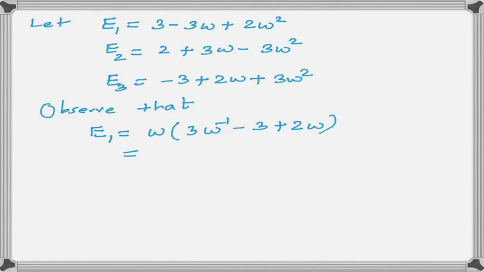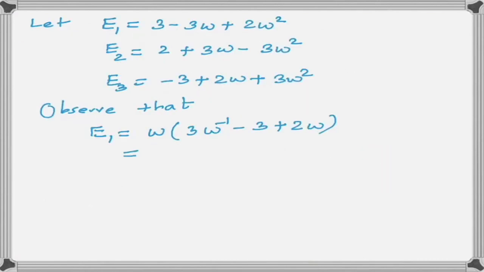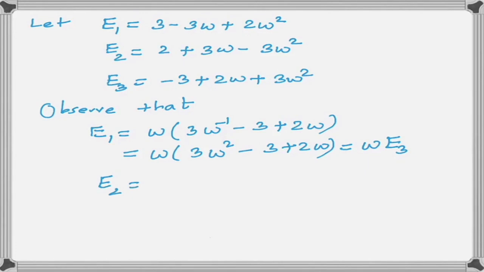Since, as I remarked before, omega inverse is equal to omega square, this is equal to omega times (3 omega square minus 3 plus 2 omega), which is equal to omega times E3. Similarly, if I take omega square common from E2, what will I get?